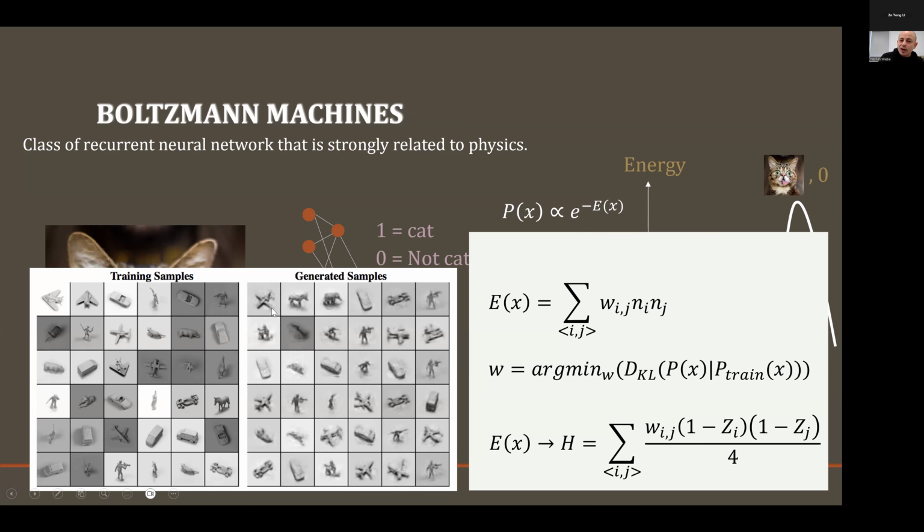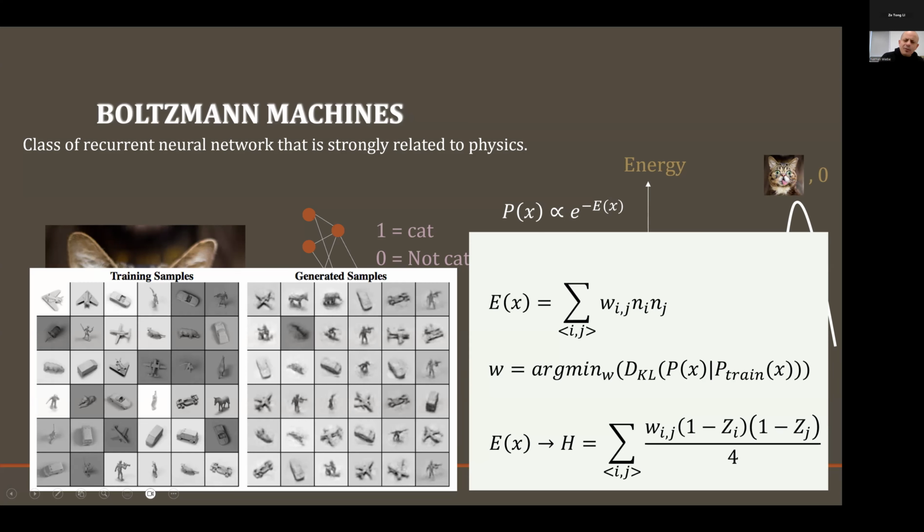But one of the things I want to emphasize is that the Boltzmann machine was developed even before backpropagation. And one of the reasons why it became so popular is because gradients were extremely difficult to compute on neural networks of the day. Boltzmann machines actually have relatively easy gradients to compute, but they run into other issues that I'll speak to later.